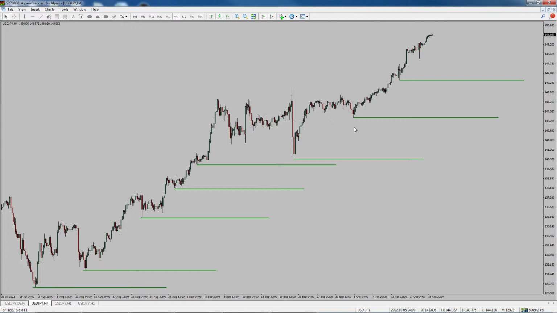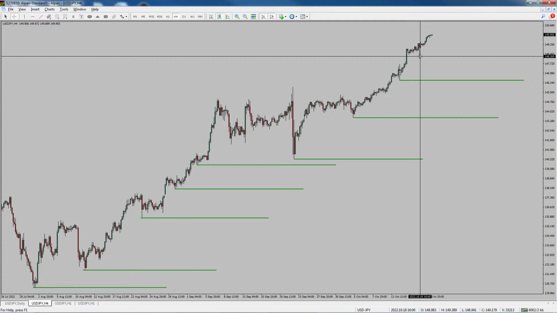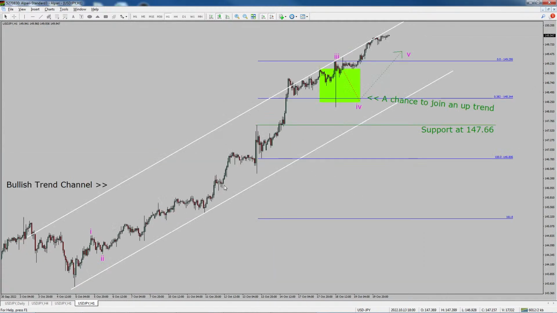Now on the 4 hour time frame, you can see price just keeps printing higher swing highs and higher swing lows. So it is an uptrend in 4 hour, and if you look at the 1 hour time frame, price action is just hugging and keeps hitting the upper boundary line, or upper trend channel line.